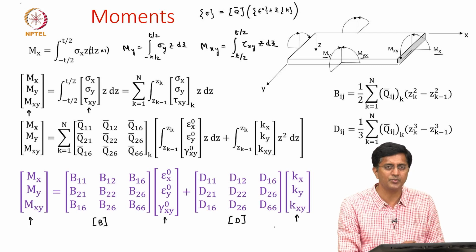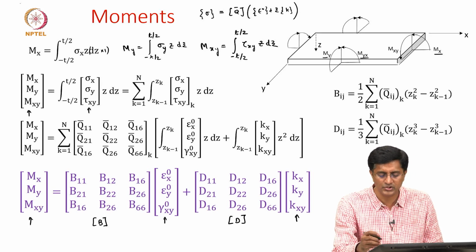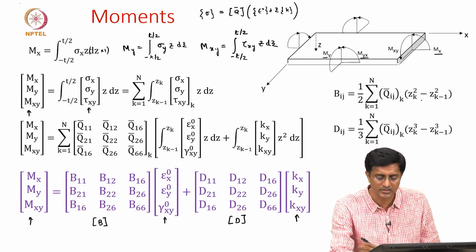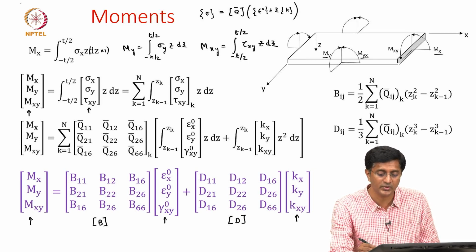And this B matrix is repeating from the previous slide, where we showed that the B matrix is written in terms of components of the stiffness matrix times z terms, z square terms.